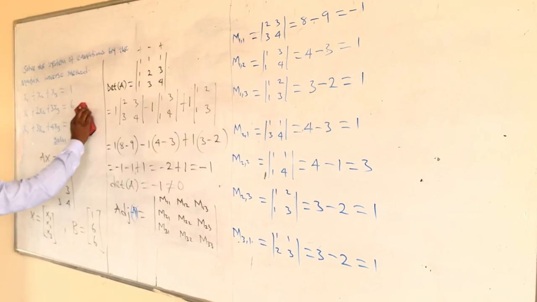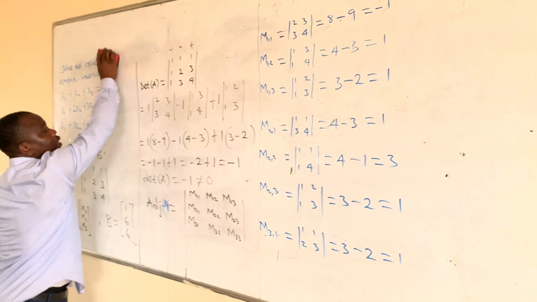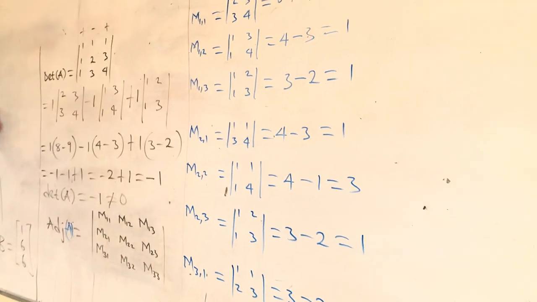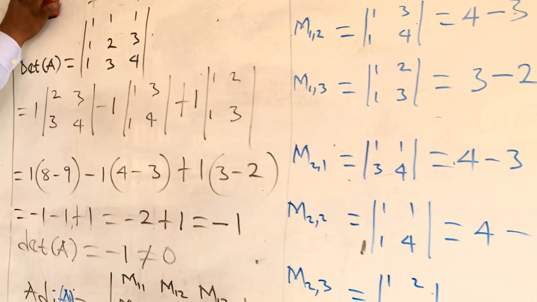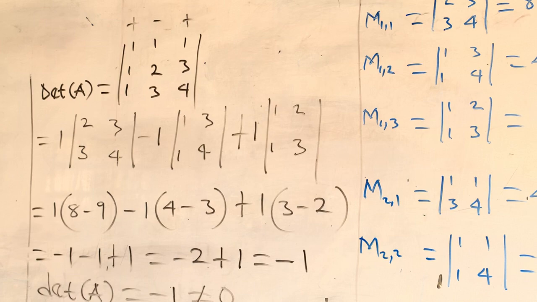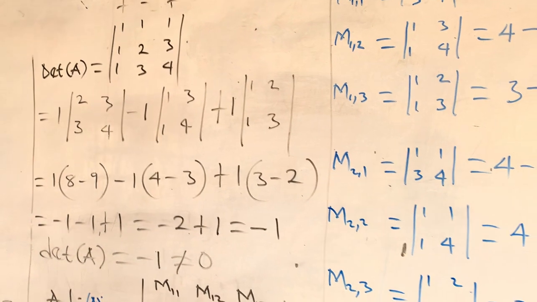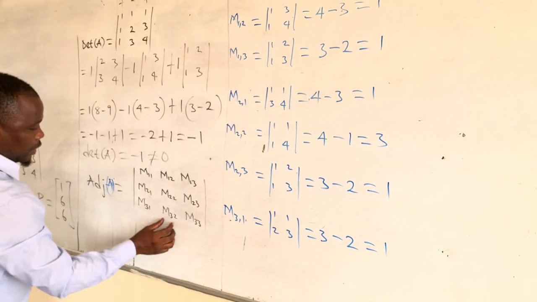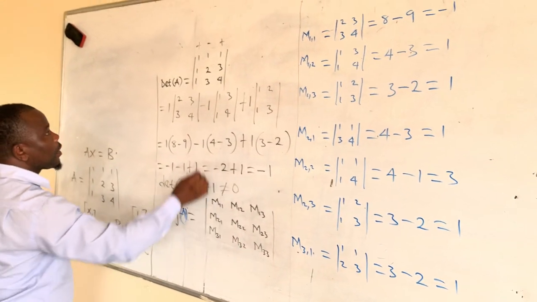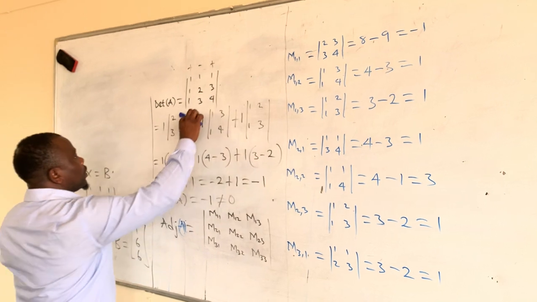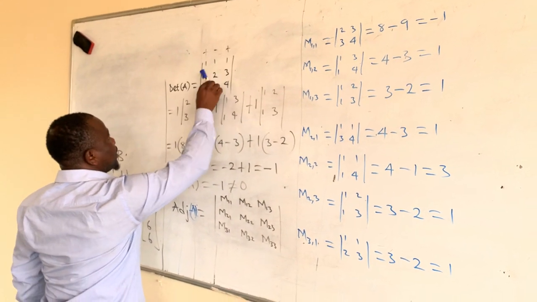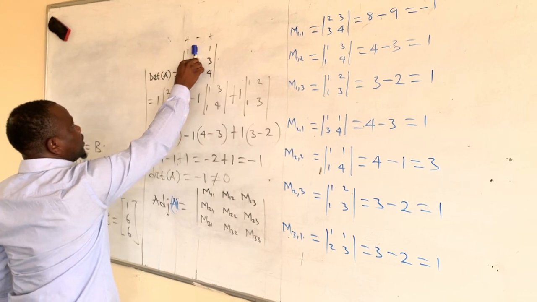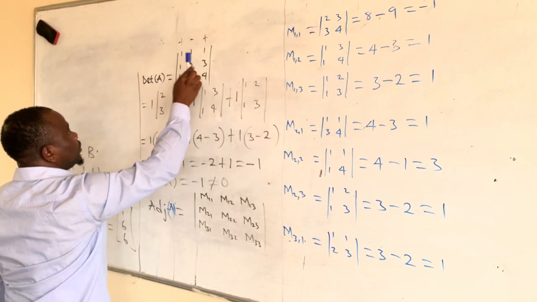If you agree with me, we are done with M3,1. Let us consider this guy. What is this? It means it will affect this and this column. So what are we saying? We are saying 1, 1, 1, 3.